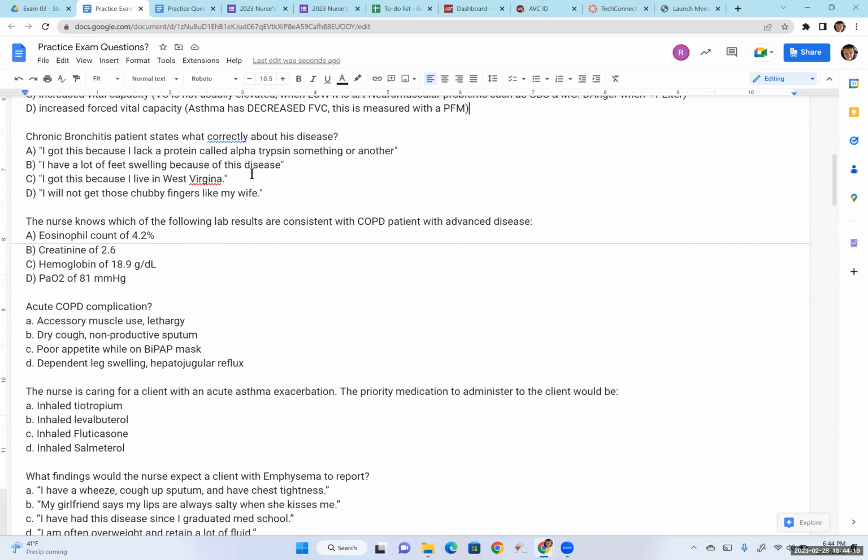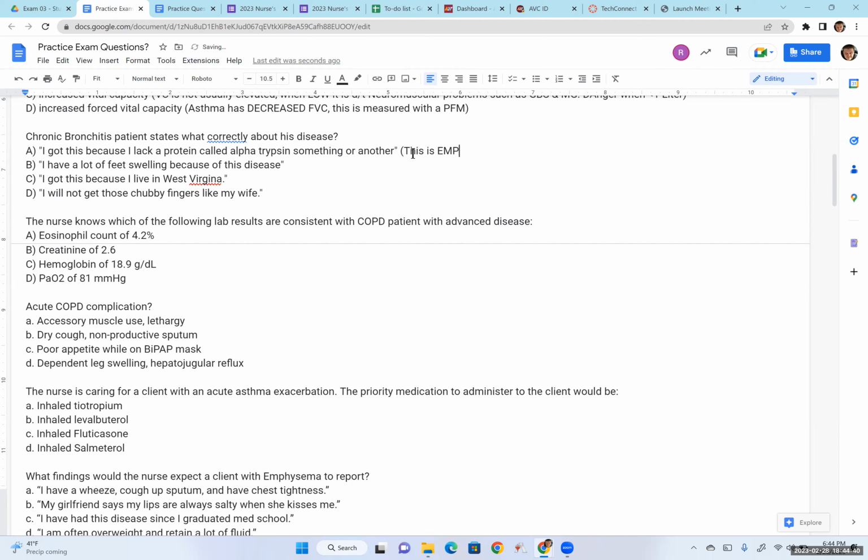Okay. Chronic bronchitis: what does the patient say that is correct about the disease? What tells you they know their disease process? That the nurse explained the pathophys and they understand it correctly. A: I got this because I lack a protein called alpha-1 antitrypsin.